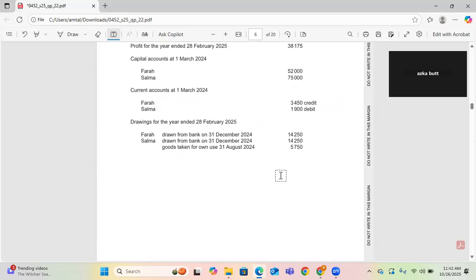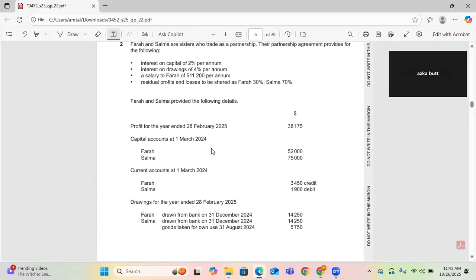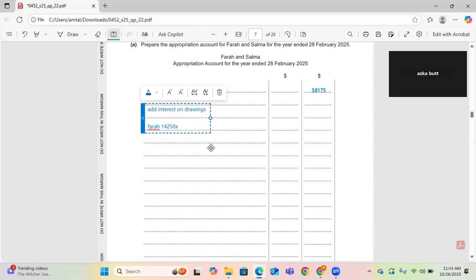14,250 for Farah. So Farah, 14,250. Okay, so let's multiply this with the percentage, how much was it? 4%. Okay, multiply by 4%.